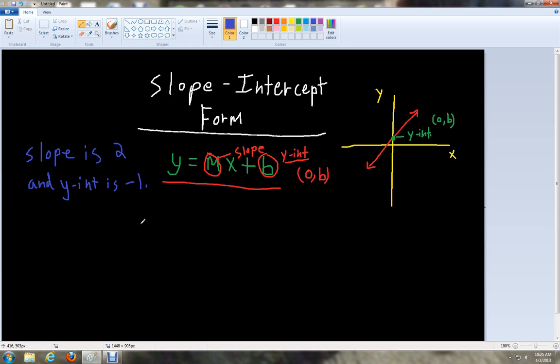So we want to write an equation of a line with a slope of 2 and a y-intercept of -1. We have the formula y equals mx plus b. We know our value for m, the slope, is 2. And our y-intercept is -1. That's our value for b.